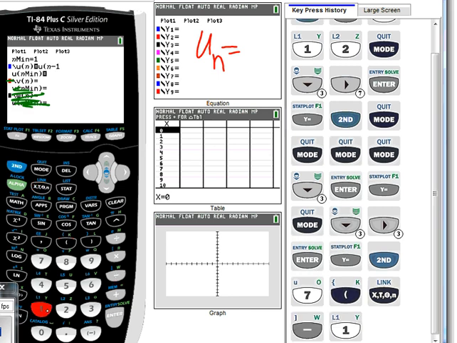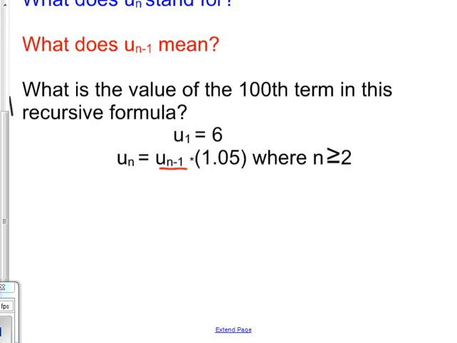Minus 1. And be sure that you push the minus key, don't push the negative key. The calculator won't like that. And then we're just going to close that. So far, we've got U of n is equal to U of n minus 1. To finish that out, I'm going to break this up and say 1 plus 0.05, just to keep our form consistent.